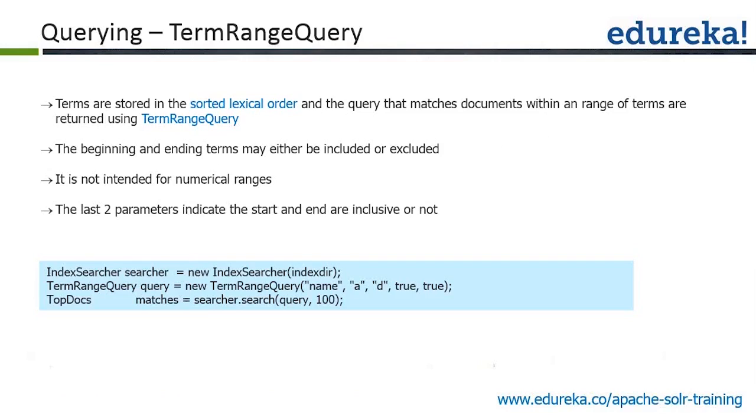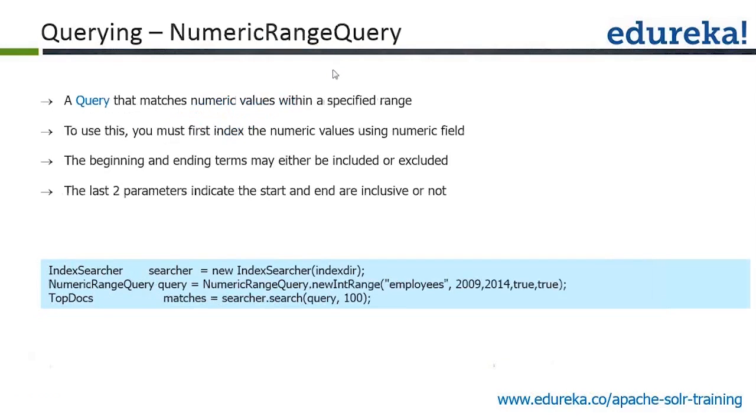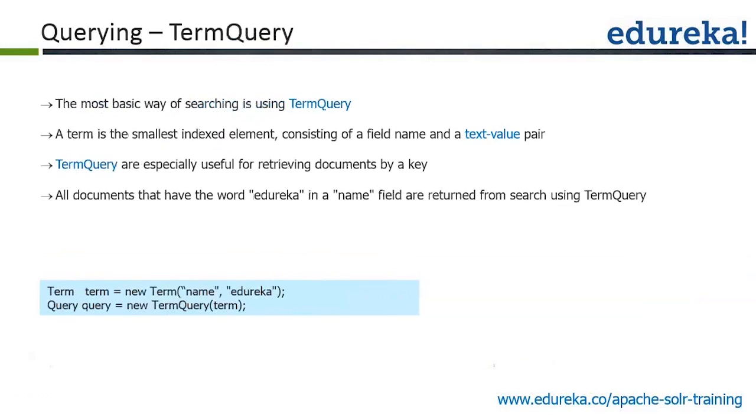Say, for example, if you really want to do an embedded search, in those cases we may have to use the n-gram tokenizer, where every token is again split into n number of characters. So n-gram is the weightage. Let's take the Edureka example back.